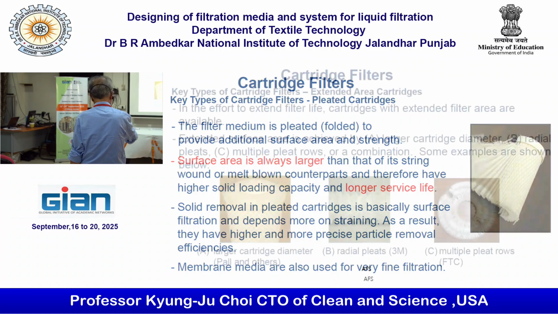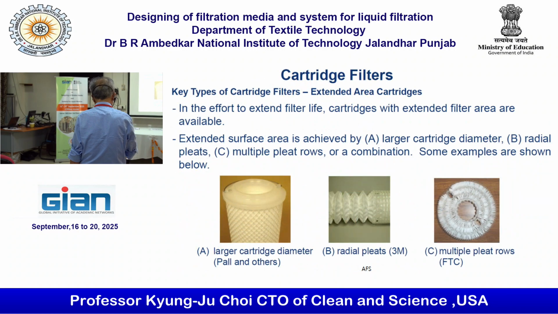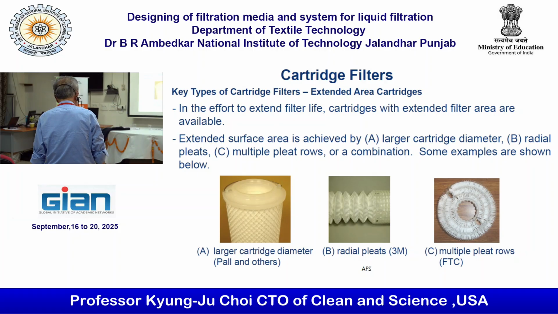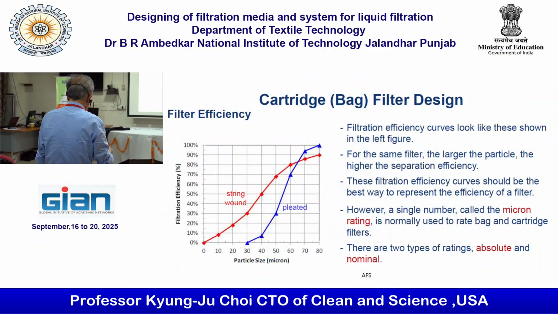Here, I show you some differences: how to design string wound, pleated, particle size, and filtration efficiencies. You have to have a lot of experimental data so that you can design appropriately.